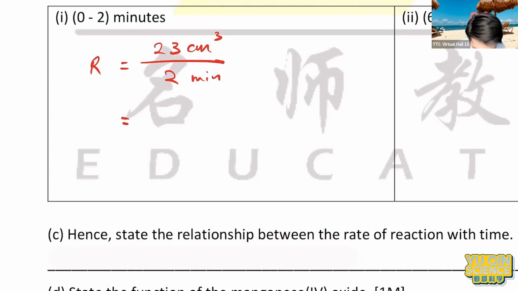Okay, calculator, please do your magic while I turn on my light. It's getting darker. 23 over 2.